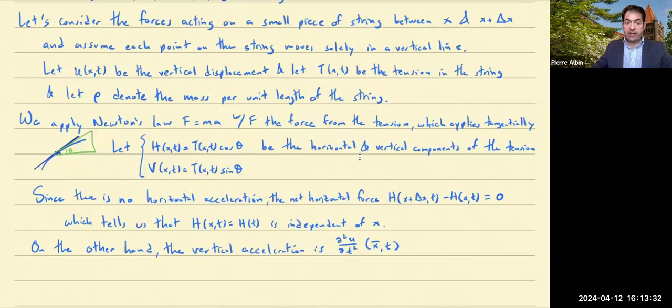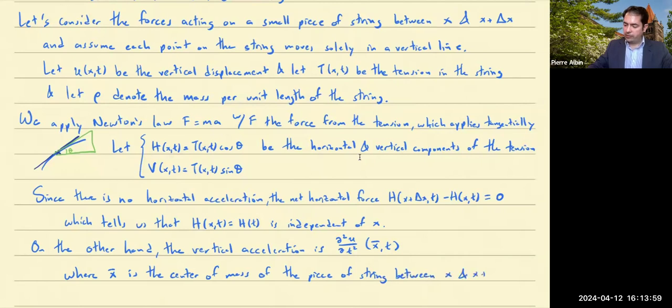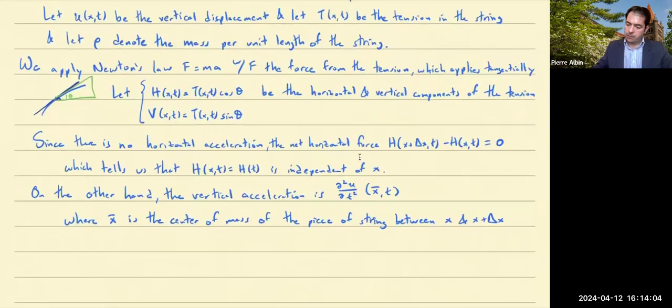Now we're evaluating this at some point x bar comma t. Here, x bar is the center of mass of the piece of string between x and x plus delta x.